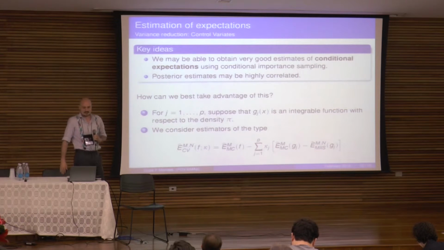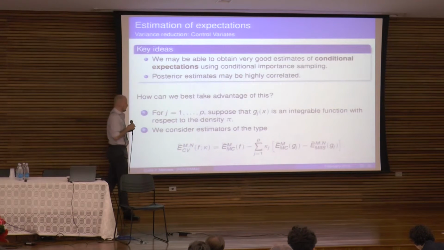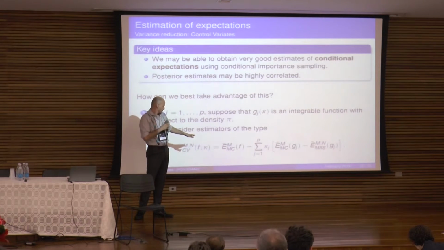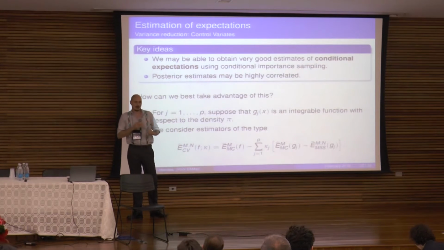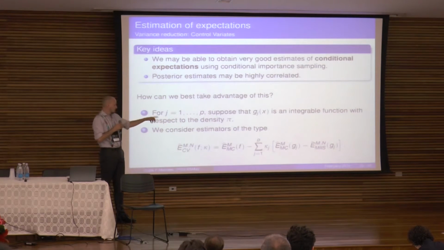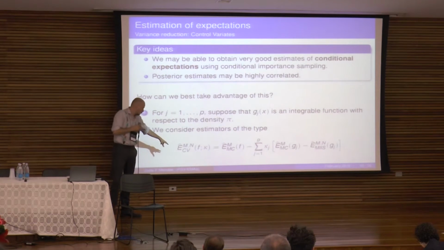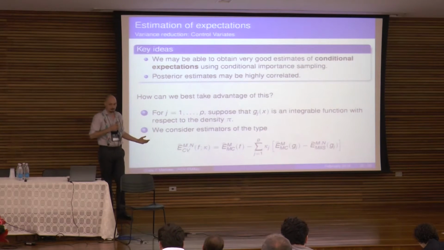Alternatively, we can use control variates, which boils down to, instead of estimating only our target moment, we combine it with highly correlated variables with zero mean. What will happen is that the control variate estimate will have a lower variance than the original one.